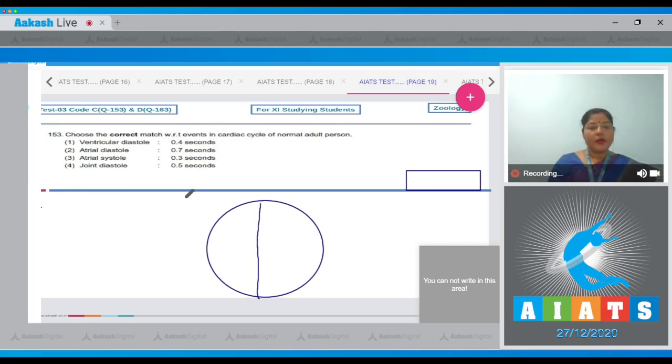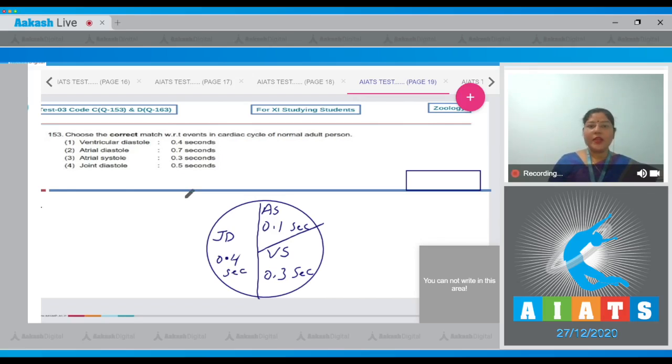And atrial systole occurs for 0.1 second. Ventricular systole occurs for 0.3 seconds. And joint diastole occurs for 0.4 seconds.